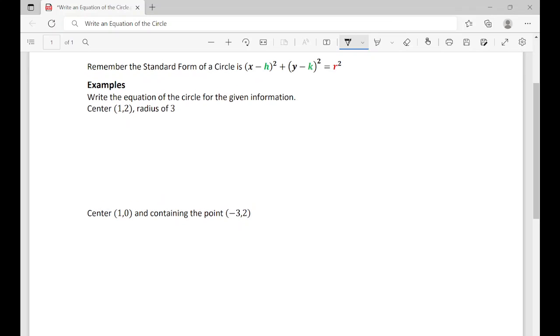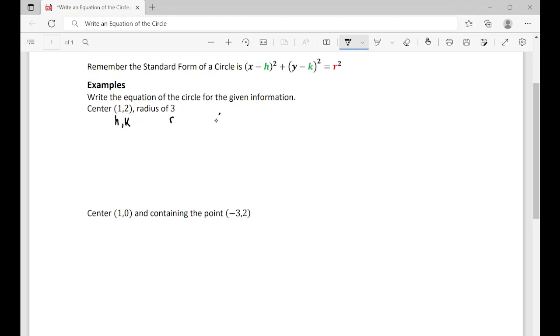So we are going to write the equation of the circle given the information. We have a center of (1, 2) and a radius of 3. So my h is going to be 1, my k is going to be 2, and my r is going to be 3. I plug h, k, and r into my formula, and I'll have my equation.